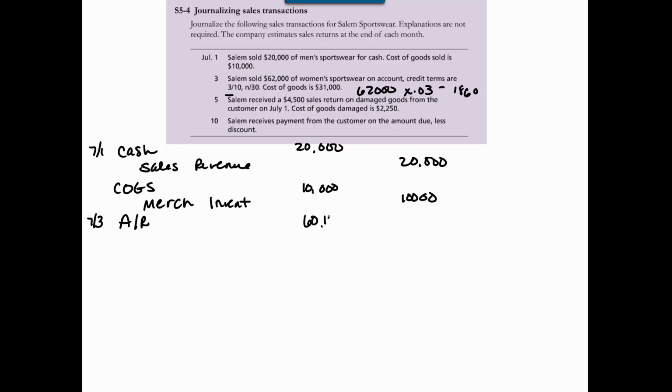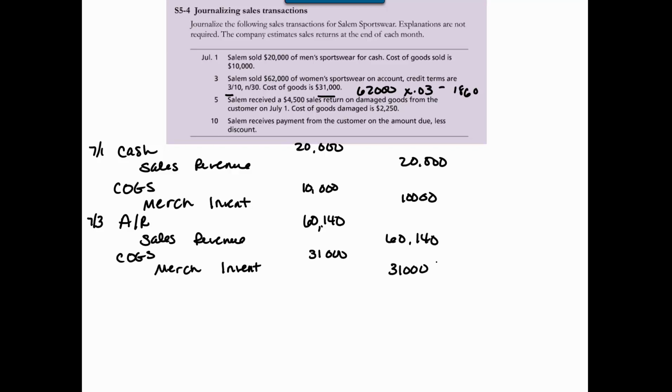Assuming they take the discount, they will owe me $60,140, and I will credit sales revenue $60,140, and then I will debit cost of goods sold, credit merchandise inventory for $31,000. I'm squishing these in here because I'm trying to fit them all on one page.